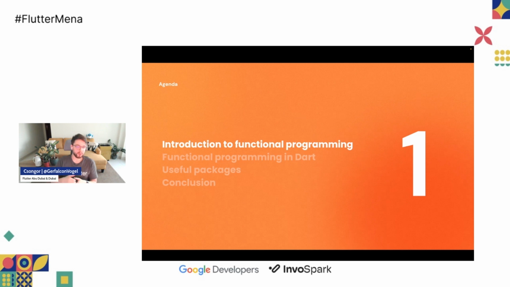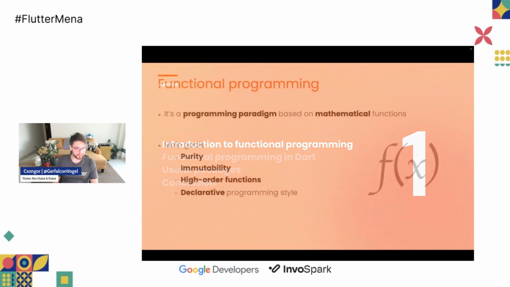At the end of the talk, we will also see some examples of packages, third-party libraries provided by this amazing community, to learn and to be able to contribute to functional oriented programming. We will also wrap up with some conclusions. So please stay with us.